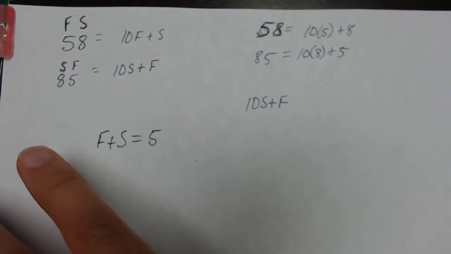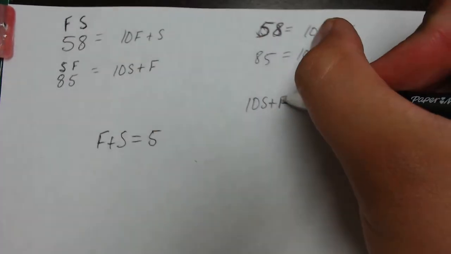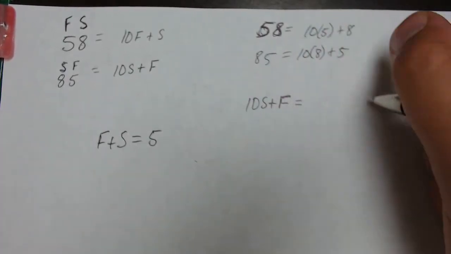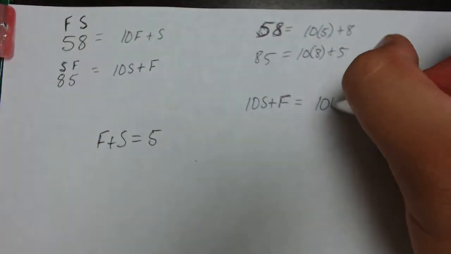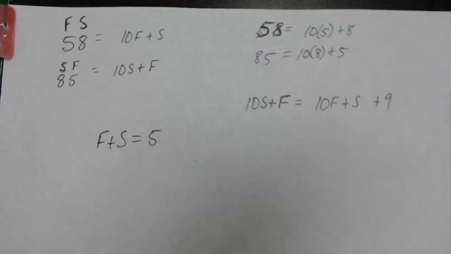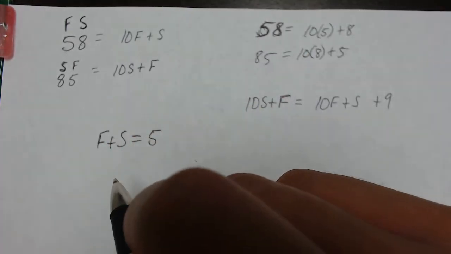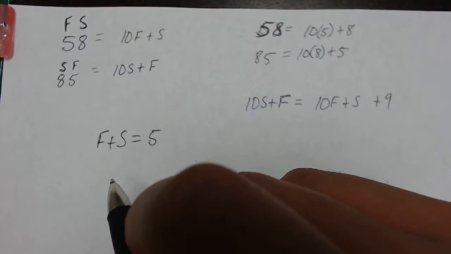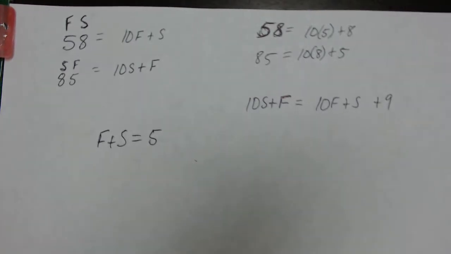When the digits are reversed, the number is 9 greater than the original number. So reverse digits equals 9 greater than the original number, which is 10 times the first plus the second. So now I've got an equation, and I can start solving through substitution.